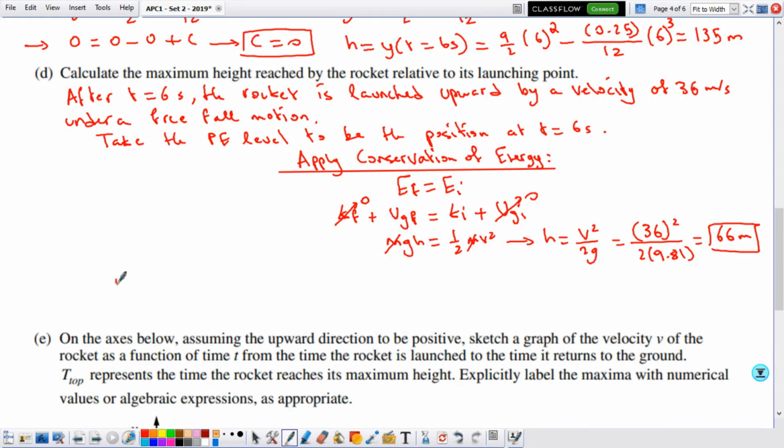Then the maximum height is given by 135 plus 66, which corresponds to 201 meters.